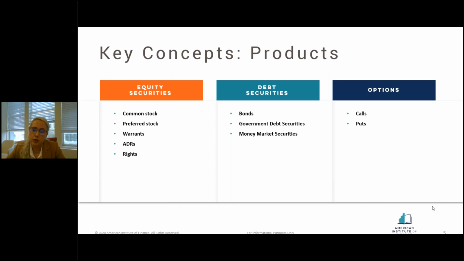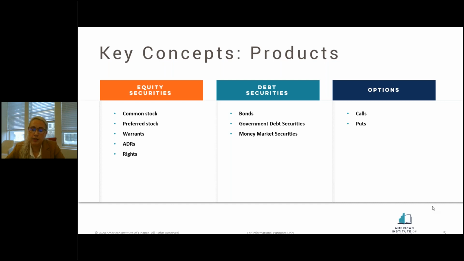Preferred stock is an equity security that pays a fixed dividend based on the percentage of its par, which is typically 100. Then we have warrants, an interesting concept. That's an equity security that offers the owner the right to buy shares in a company at a predetermined price in the future. That's typically used in bond offerings as a sweetener.